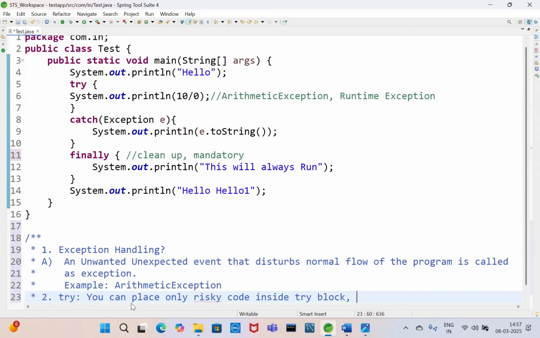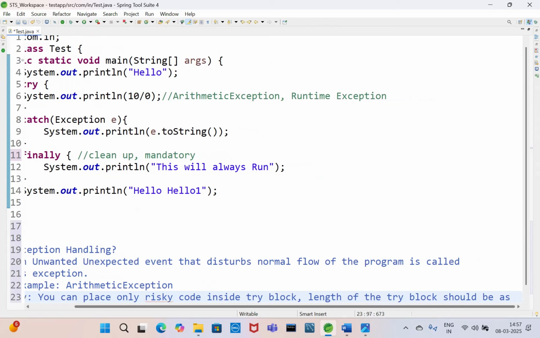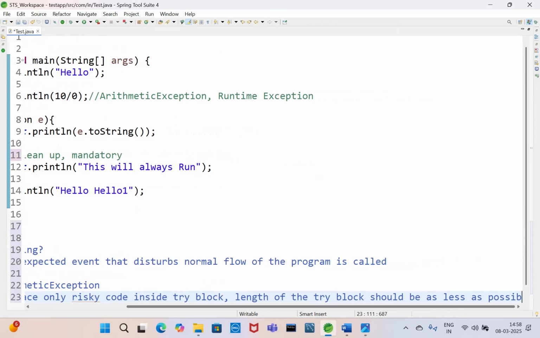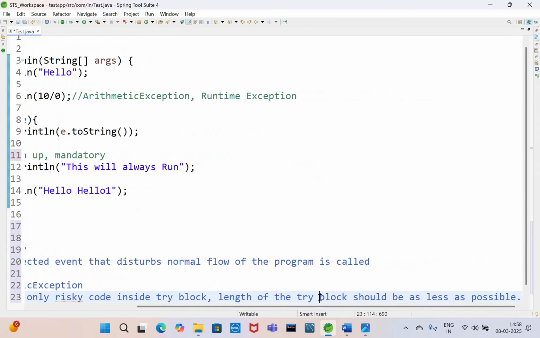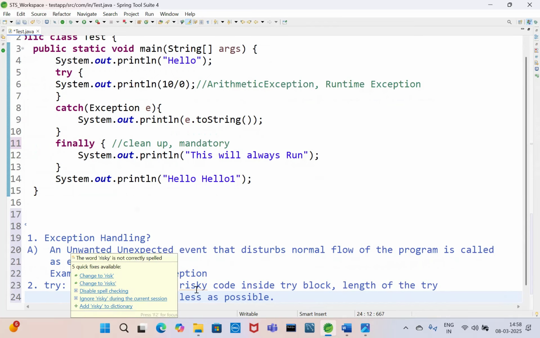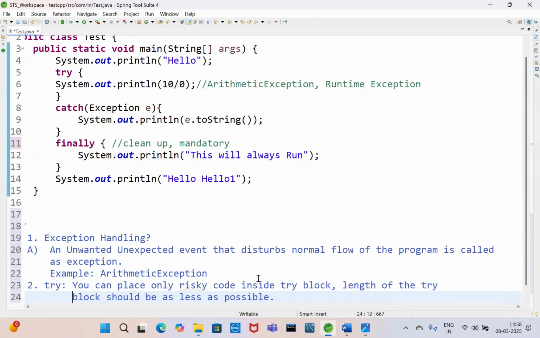The length of the try block should be as less as possible.